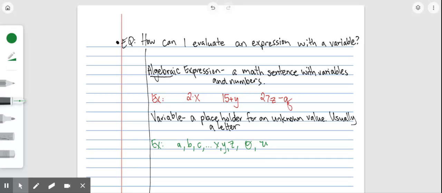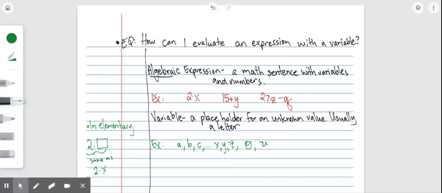So when we were in elementary school, I'm going to make a little note. In elementary school, you used algebraic expressions, but instead of using variables, you used boxes. So in elementary school, we solved expressions like 2 times an unknown box. This is the same as 2 times x.